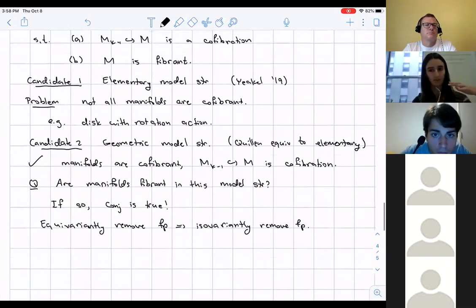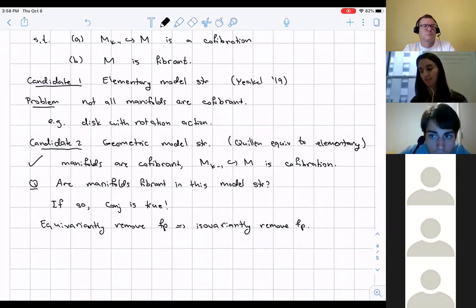And this is for manifolds satisfying this assumption star that we said about all of the fixed submanifolds having dimension at least 3, and them having codimension at least 2 in each other. So under these assumptions, if you can equivariantly remove the fixed points of a map, you can isovariantly remove the fixed points of a map.